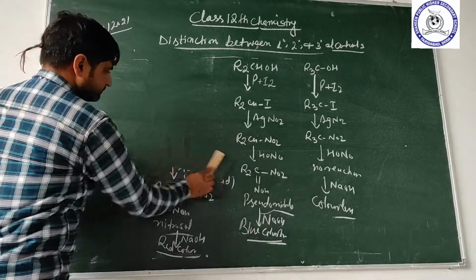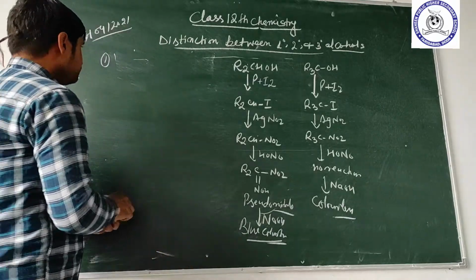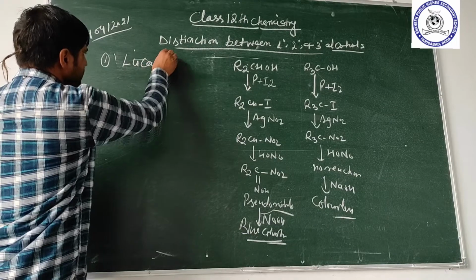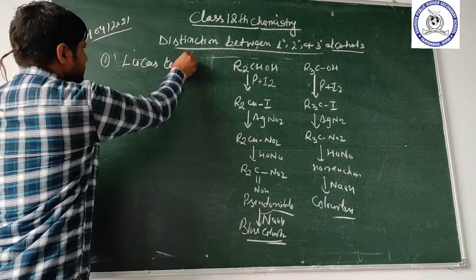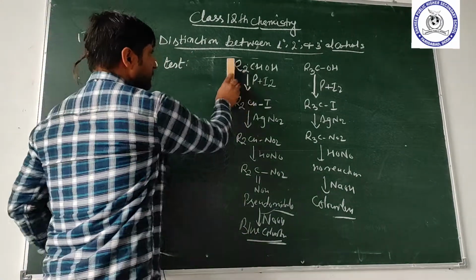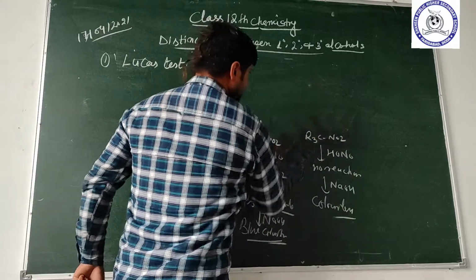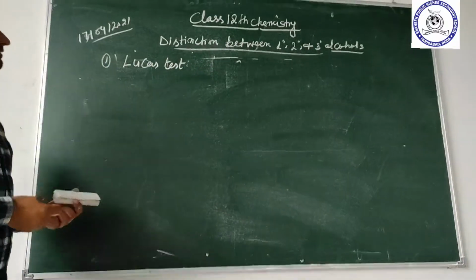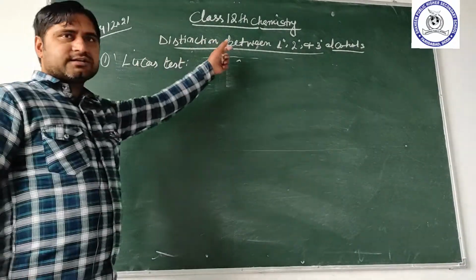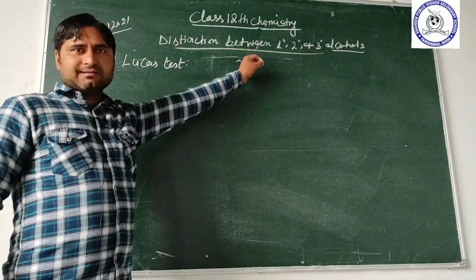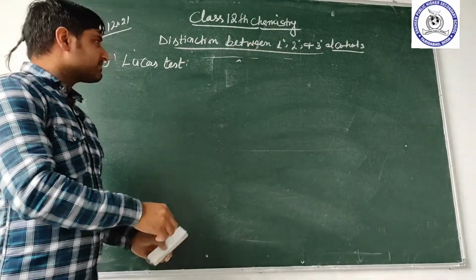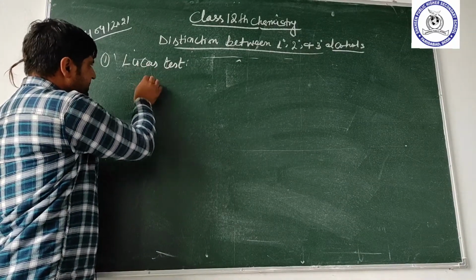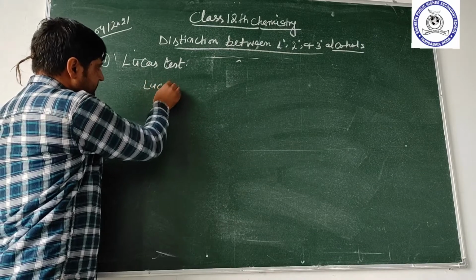Next is the Lucas test. What is the Lucas test? Basically, this is again a test used for the distinction between primary, secondary and tertiary alcohol, and it is based upon the Lucas reagent.